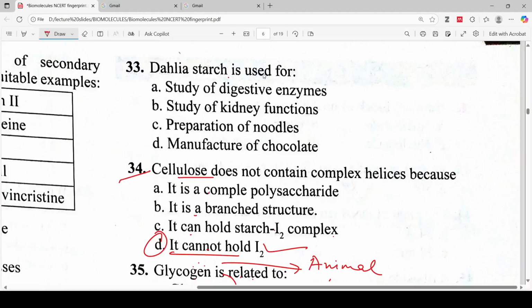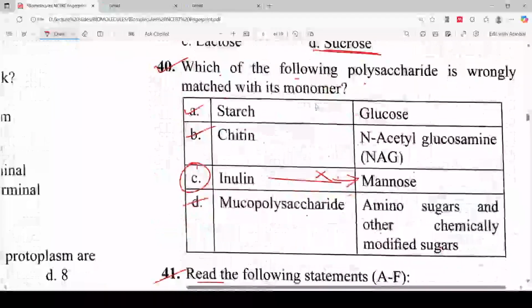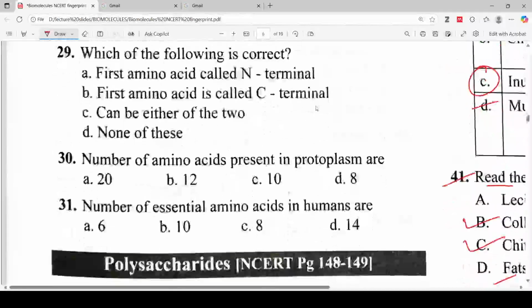Dahlia starch is used for study of the digestive enzymes, study of the kidney functions, preparation of noodles, and manufacture of chocolate. The correct answer for this question is option B, study of kidney function. Let's move to the next question.